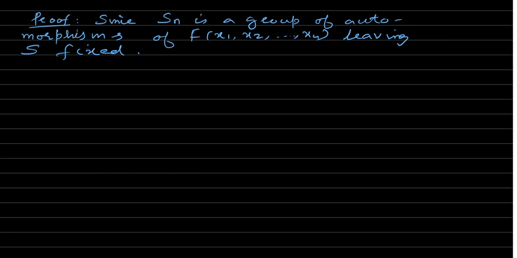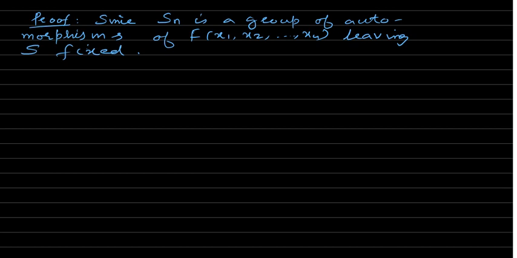जो S को फिक्स कर रहा है. What's S actually? S is actually the fixed field, है ना. ये हमने कल डिस्कस किया था. It's the field of symmetric rational functions in F(x1, x2, ..., xn).